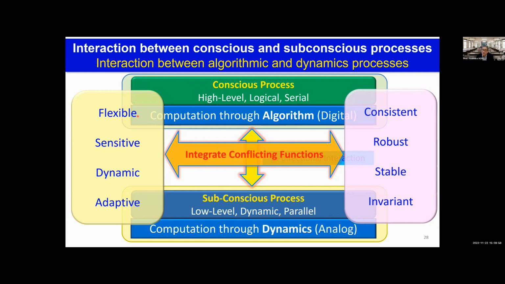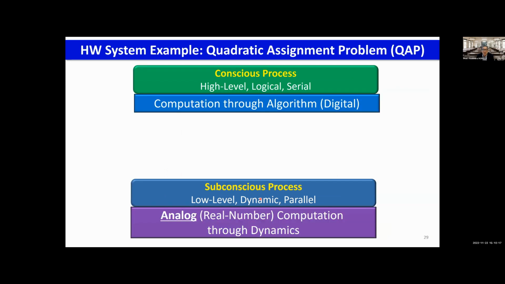But the brain integrates and balances those through mutual interactions between the conscious and subconscious processes. So we took this kind of system to solve the quadratic assignment problem, which is one of the combinatorial optimization problems.